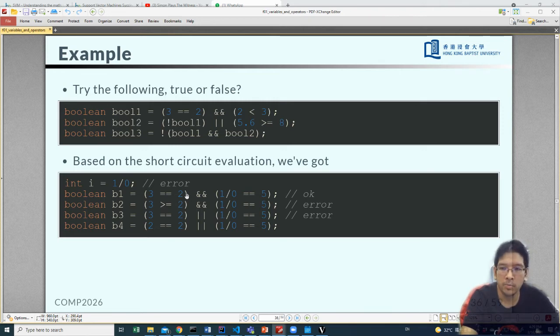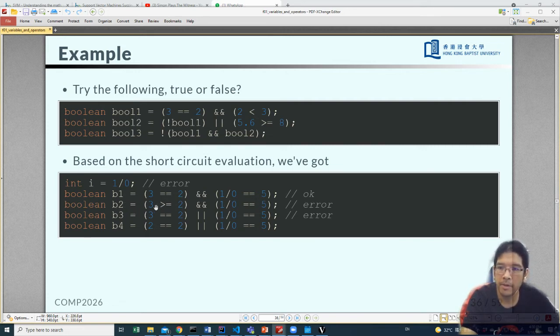Well, this one is false. Because this one is false, by short circuit, the later part, no matter if it's true or false, the entire expression will be false. So this part will not be evaluated and will just be skipped. So B1 will actually use the false.